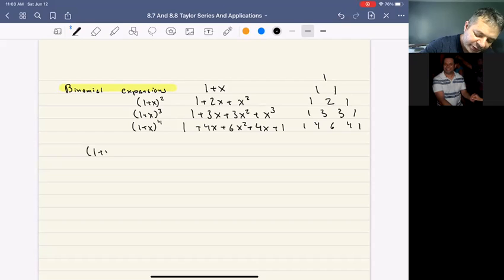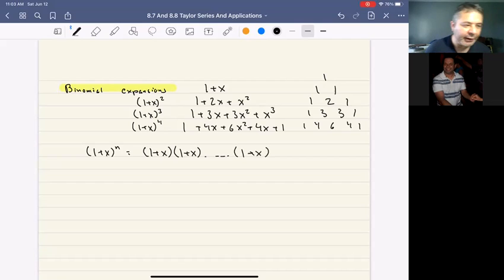Okay, now let's imagine that we have 1 plus x to the n. It's going to be 1 plus x multiplied out n times. So now we actually have some nice formulas for the coefficients.